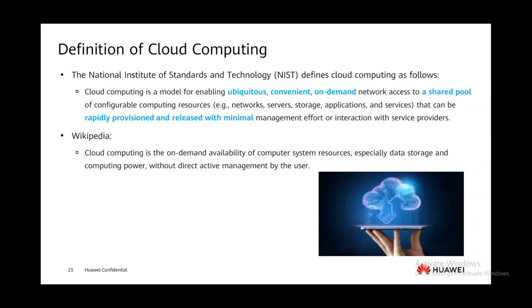They say it's the on-demand availability of computer system resources, especially data storage and computing power, without direct active management by the users. So minimal management by the users is required. It's a good definition also, and it makes a lot of sense. So these are some good examples of definitions for the cloud environment.